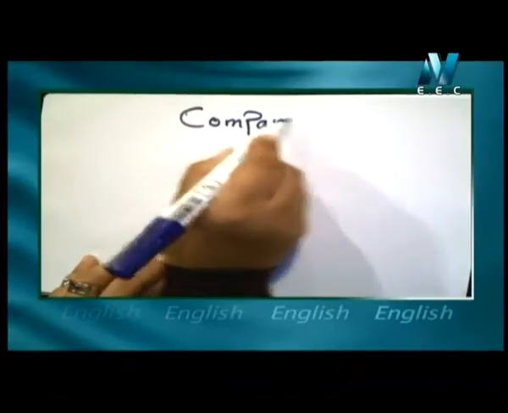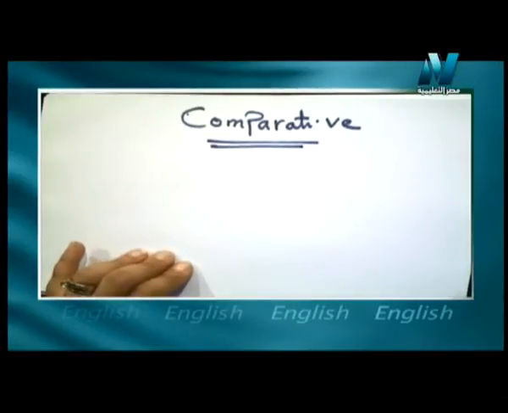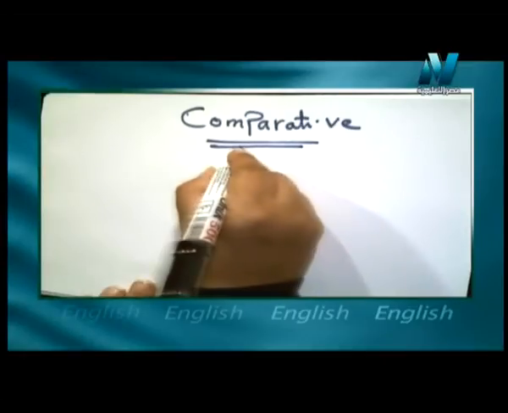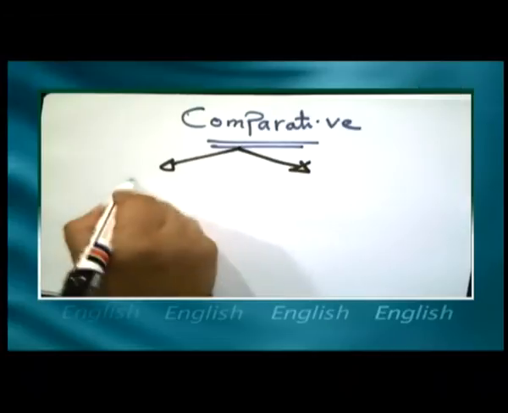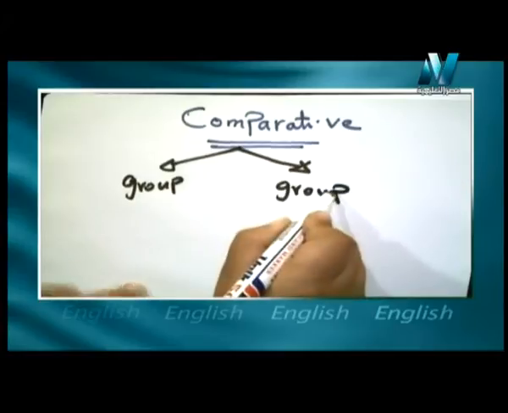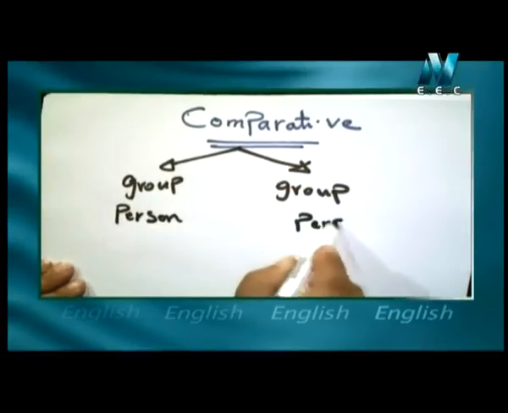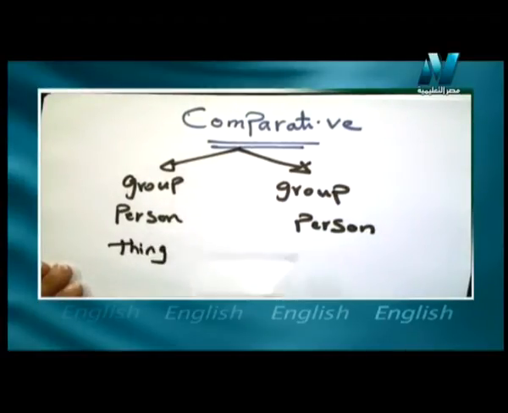Let's see the comparative case. Okay, the comparative form is when I am comparing between two. Either they are group and group, person and person, or thing and another thing.